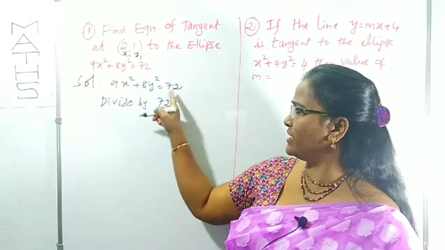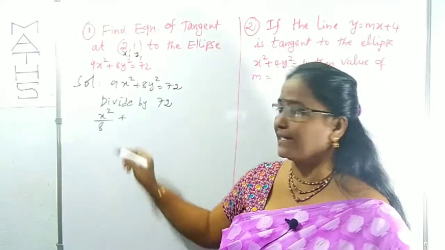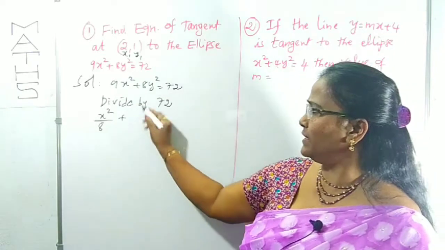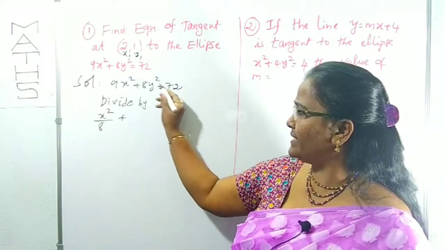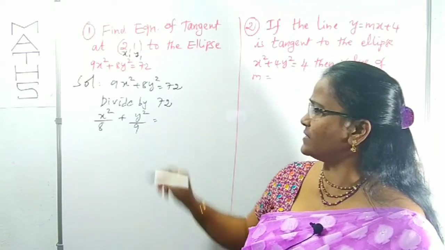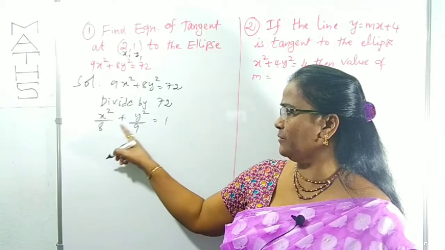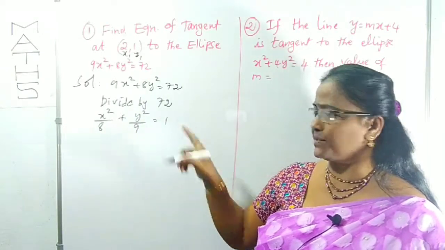First term 9x square by 72 means x square by 8, because 9 eights are 72. Similarly, the second term 8y square by 72 means y square by 9 is equal to 1. This is x square by 8 plus y square by 9 is equal to 1.